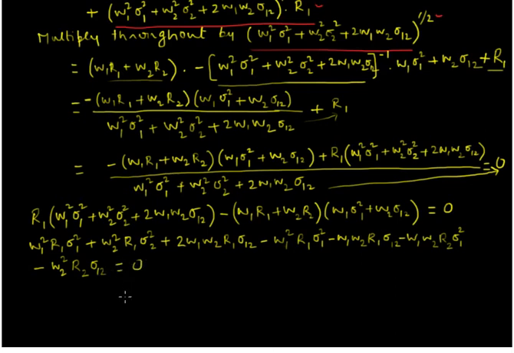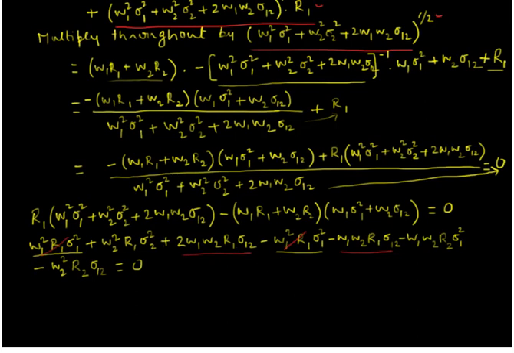Now let us see if we can cancel out something. We look at this term here and we look at this term here. So let's strike them off, because this one is a plus and this one is a minus. We also see that there is a 2 times W1 W2 times R1 times covariance 1 2, and there is this term W1 W2 R1 covariance 1 2.